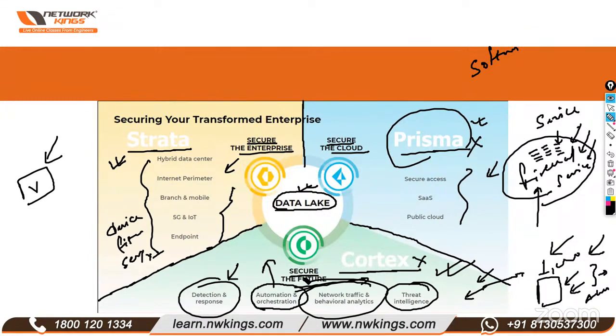Let's say I want to change the syslog server IP address. With the help of automation, we will be changing the logging on all the devices. Let's say we have 50 devices in our network. With the help of automation, we will be able to do that in a very easy way.